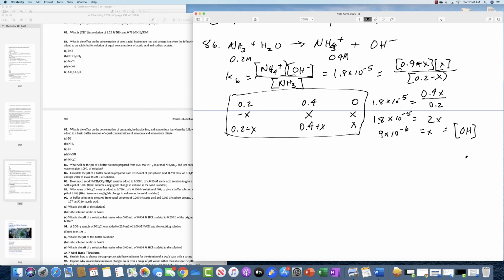And if we do that, the pOH is going to be 5.05. So the pH is going to be 14 minus 5.05, which is going to be 8.95.